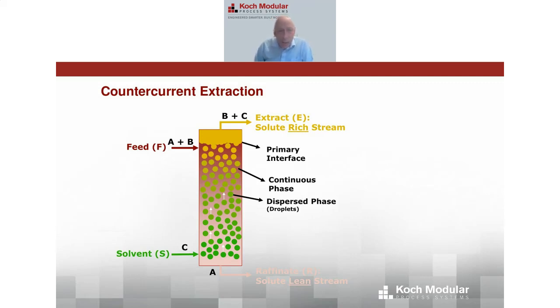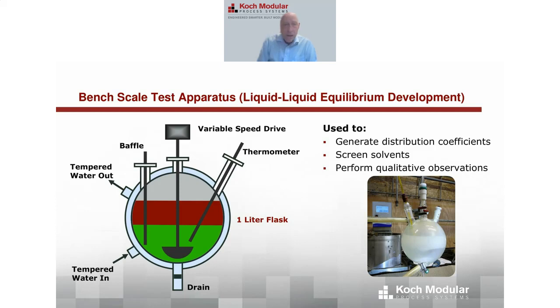And then you have a primary interface at the opposite end of the column from where you bring in your dispersed phase. So in this case, it's at the top. Going out the top, you have your extract phase, and going out the bottom, you have your raffinate phase. I'm going to talk a little bit later about some specific types of designs for extraction columns and how you create theoretical stages in these columns.